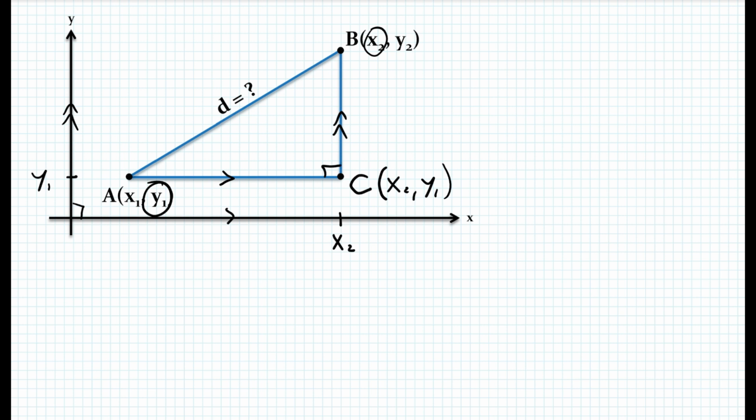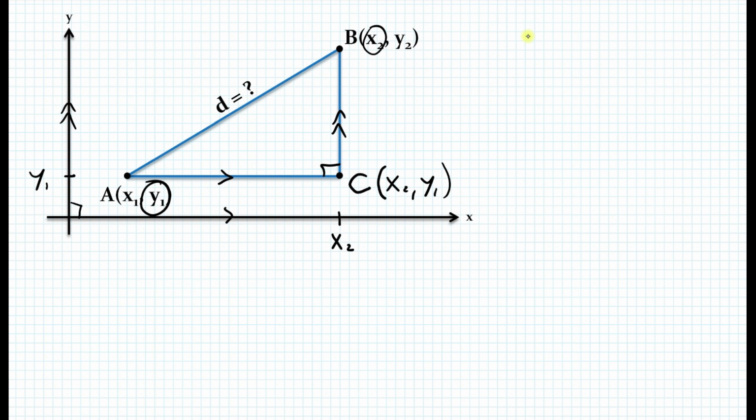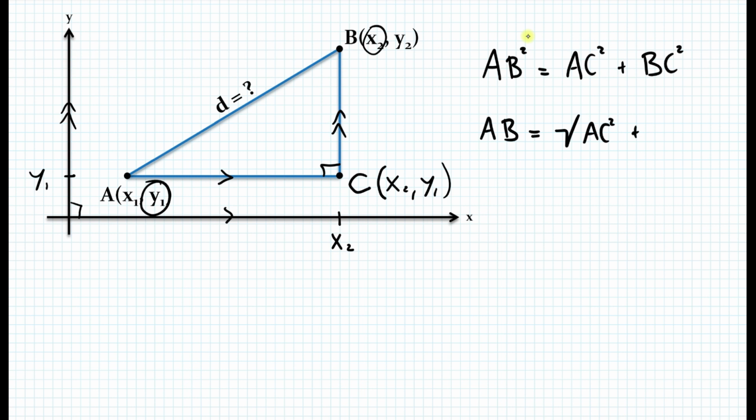And now we can apply the Pythagorean theorem. Namely, AB squared is equal to AC squared plus BC squared, okay? So if we do the math, we have AB is equal to the square root of AC squared plus BC squared, okay?